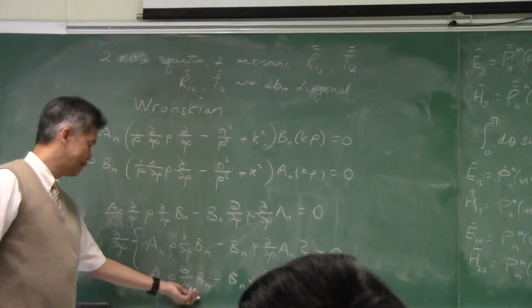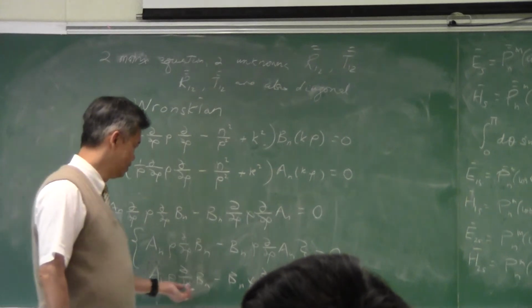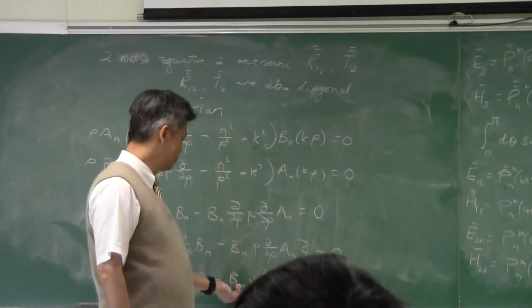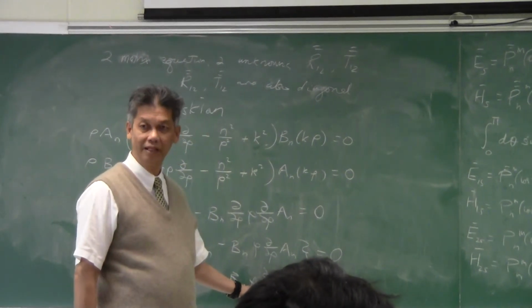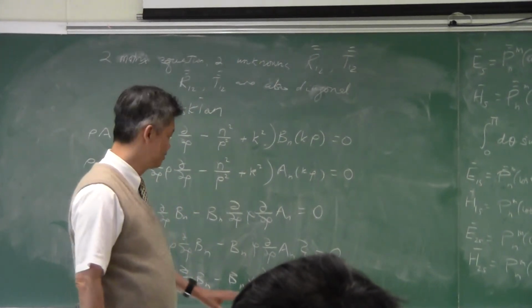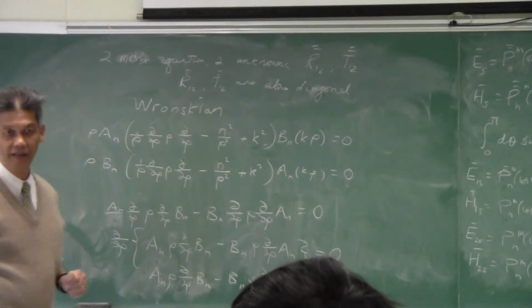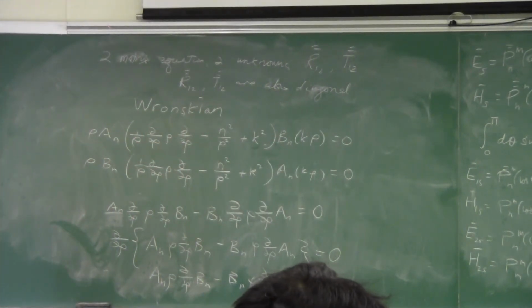So the derivative of a Bessel function multiplied by another solution to Bessel's equation, minus that solution multiplied by its derivative, always equals a constant. This is a simplification you can use to simplify the reflection and transmission coefficients.